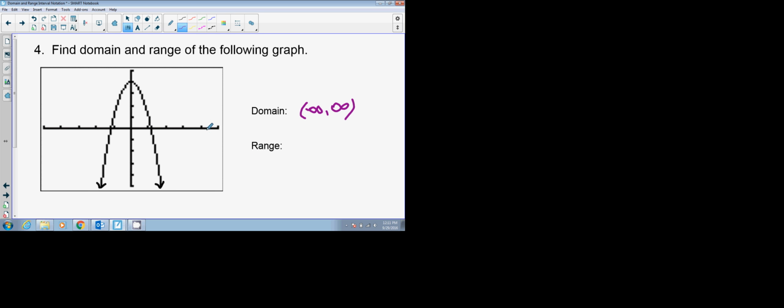Range, remember this time we're looking at the height, so we're ignoring the width, we're looking at the height of the graph. The smallest possible y we see in the picture is -5, but because we have the arrows, that means it continues on and on forever, which means we have negative infinity as the smallest possible y.